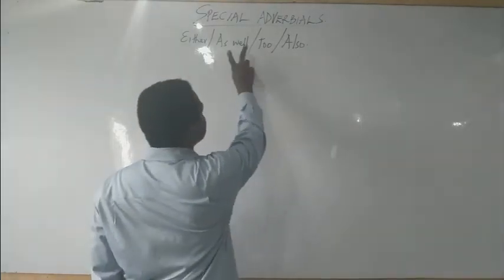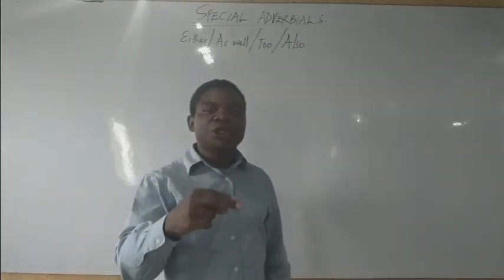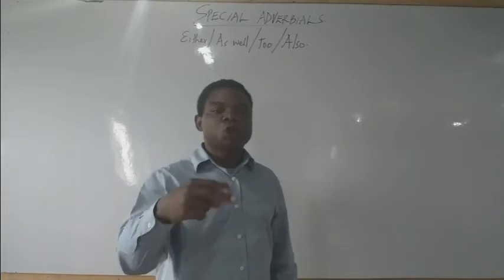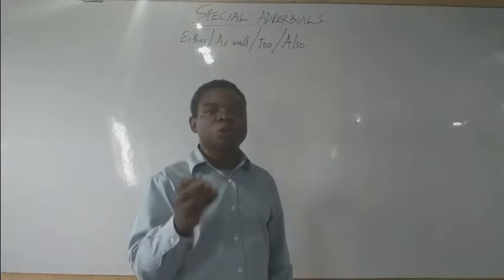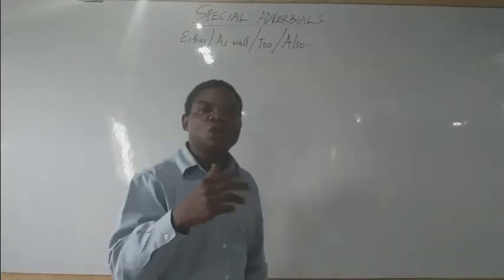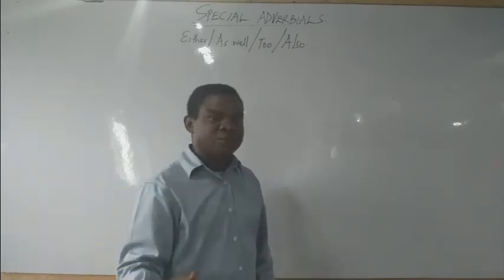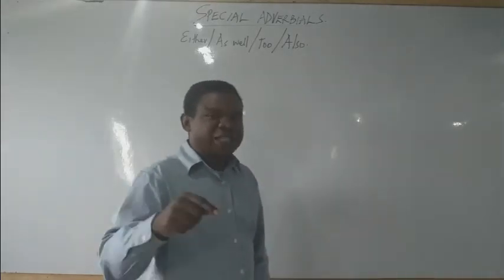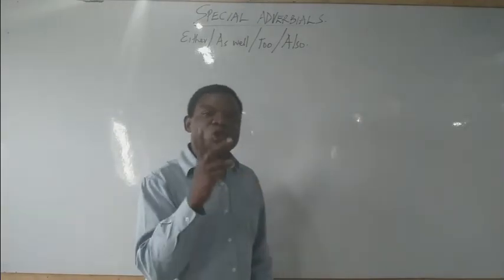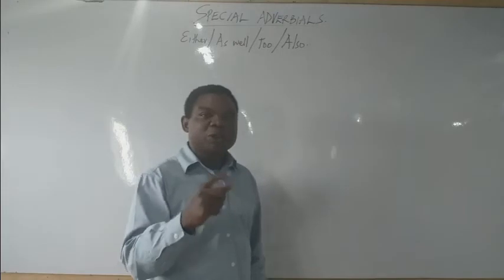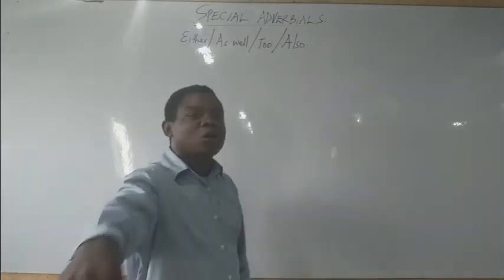Number two, look at as well and to. As well and to, they are used interchangeably. The two words, that's as well and to, can be used interchangeably to produce the same meaning. And those two words also can appear at the end of the sentence, but the condition is that there will be two clauses in the expression. The first one will be positive, while the second clause will be what?